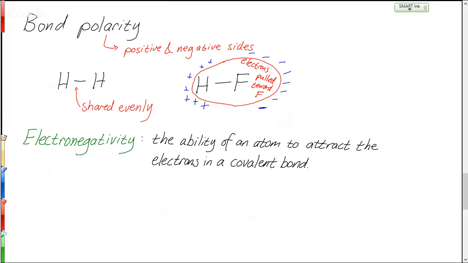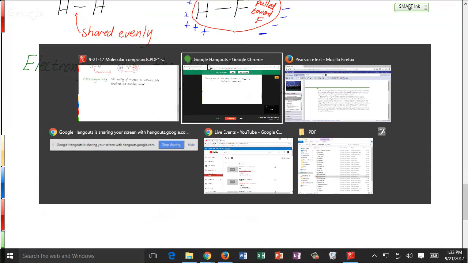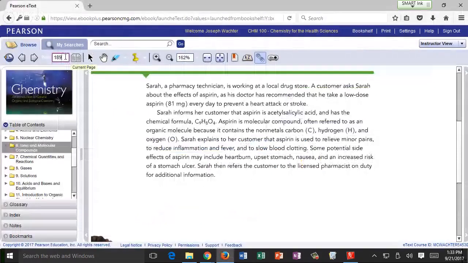So when it's sharing electrons with another atom, how well does it pull them? Does it attract them? And it's a quantity, so it's something we look up in a table. I'm going to pull the table out from the book here. It's on page 189.